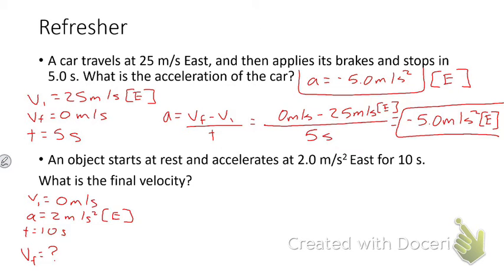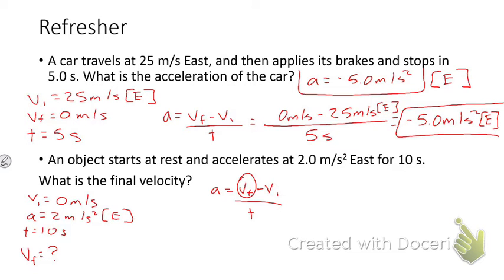Okay, so we have acceleration, we have an initial velocity and a time. So let's use our acceleration formula again. Acceleration is equal to VF minus VI over t. We're looking for this VF. So how are we going to get VF by itself?